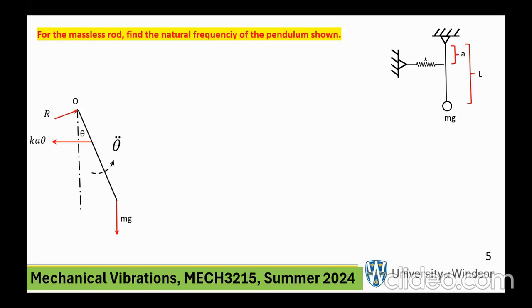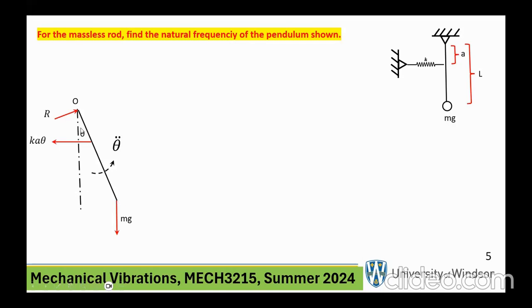So the free body diagram of this bar, when it's tilted with an angle theta, looks like we are using the angle theta as the coordinate, and that is true. I could have used, for example, the horizontal displacement of the mass, but that's not what I'm doing.